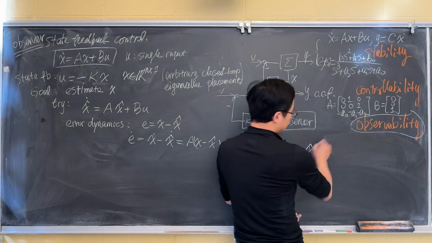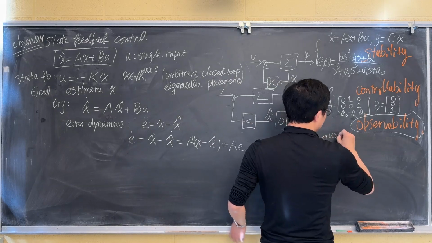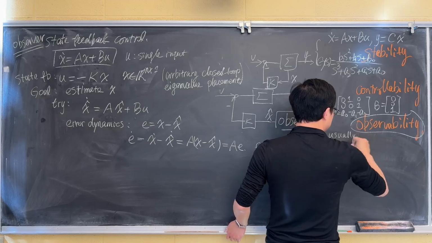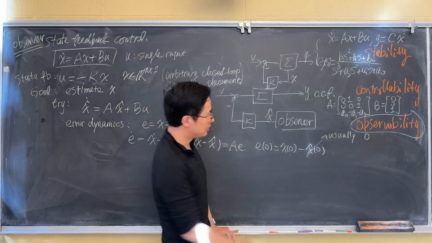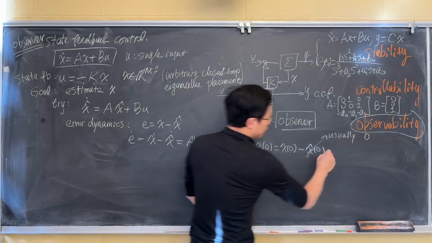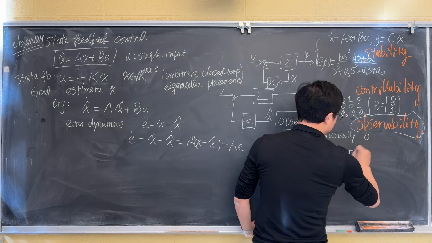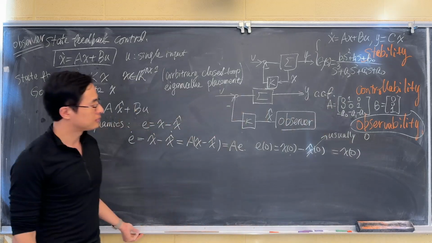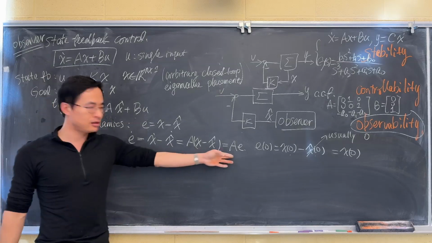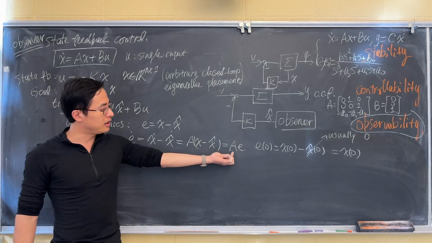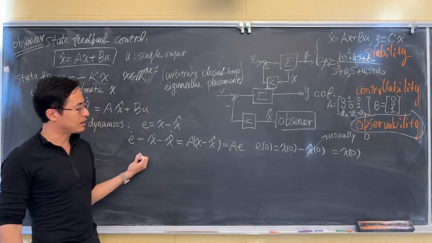Usually this is 0 if you don't have any idea about the system state. So E0 then usually is X0. So you have a system that has some initial conditions and error dynamics that look like this.